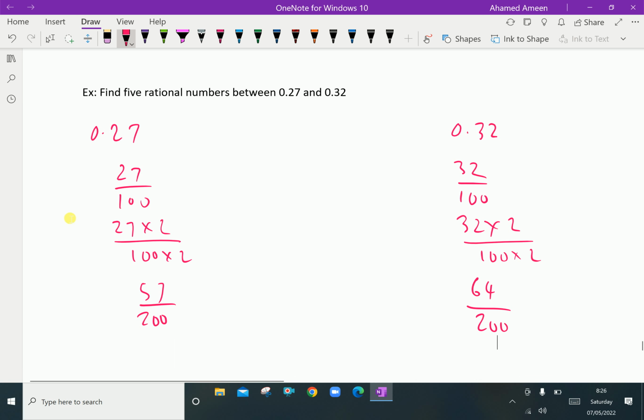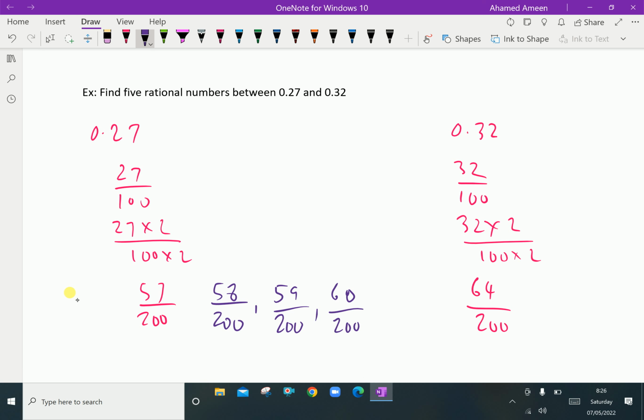Then we can easily insert another 5 rational numbers between these: 58 by 200, 59 by 200, 60 by 200, 61 by 200 and 62 by 200. Like this we can insert. These are the 5 rational numbers between 0.27 and 0.32.